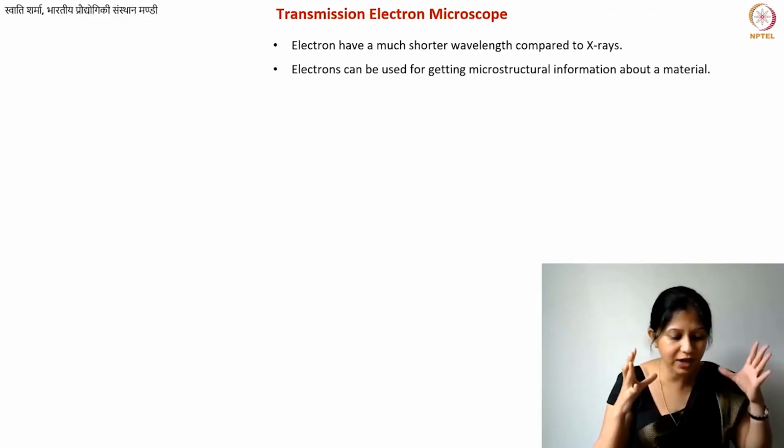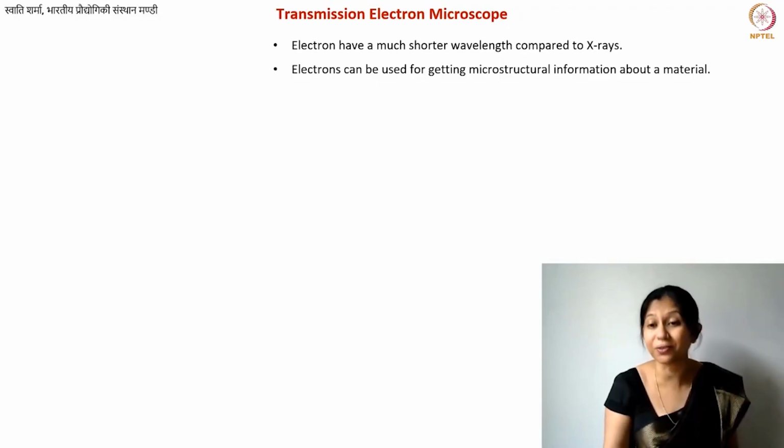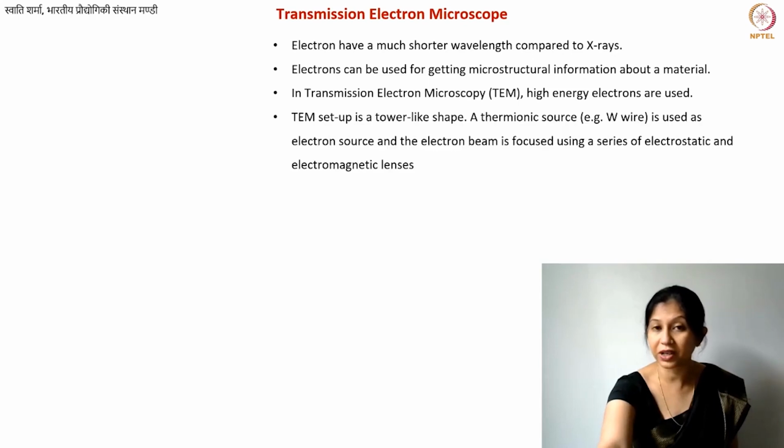So now you can actually visualize all of these things. But we are more concerned about the microstructure, not the large scale crystallinity of the material, although we can deduce it from here as well.